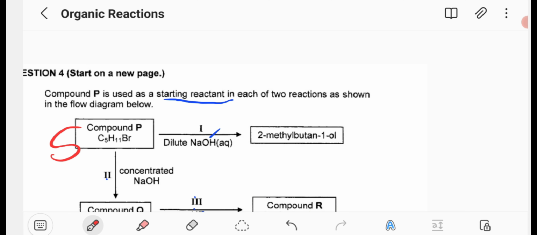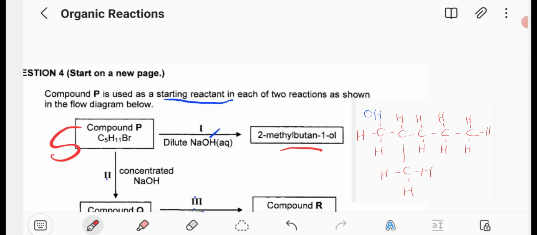Now let's look at this one, 2-methyl butan-1-ol. Sounds scary but nice. If you draw its structural formula as fast as you can, though you won't get marks for that, it will help you understand what is saturated and what is unsaturated.